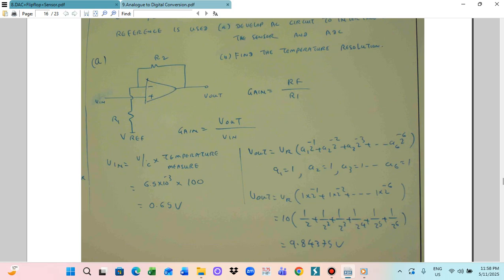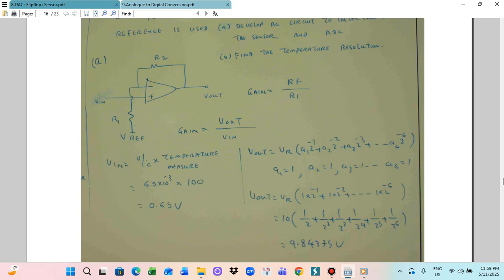We assume that all bits are 1: A1 equal to 1, A2 equal to 1, A3 equal to 1, up to A6 equal to 1. Therefore VR multiplied by 1 into 2 power minus 1 plus 1 into 2 power minus 2 plus up to 1 into 2 power minus 6.